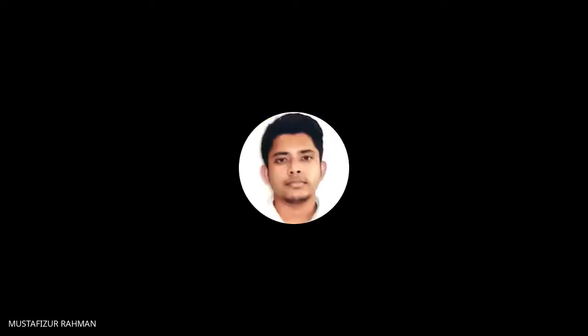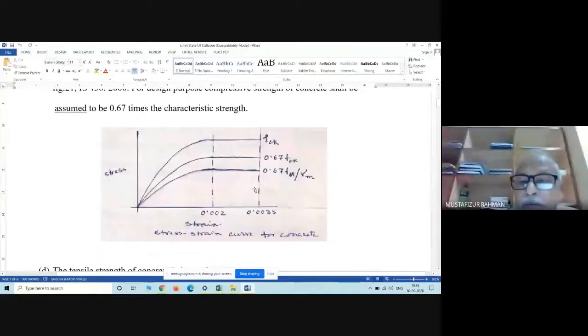That means this stress strain curve is considered as 0.67 fck by gamma m. Now, verbally in the last discussion, I had given the value of gamma m. The partial safety factor for concrete is 1.5 and the partial safety factor for steel is 1.15.